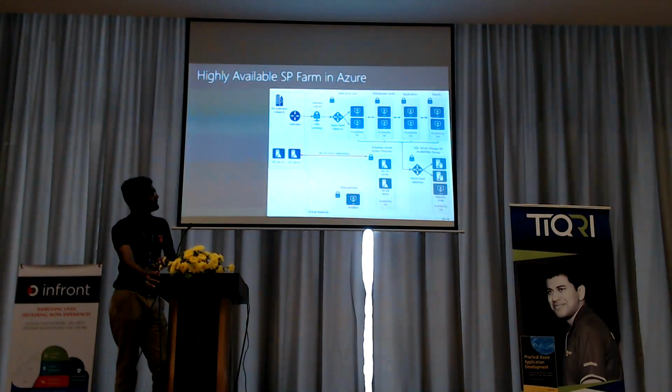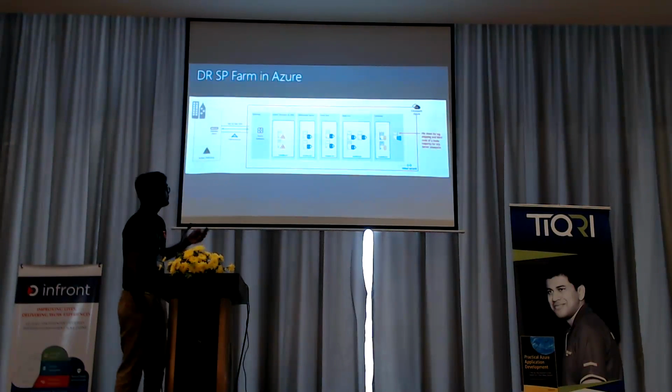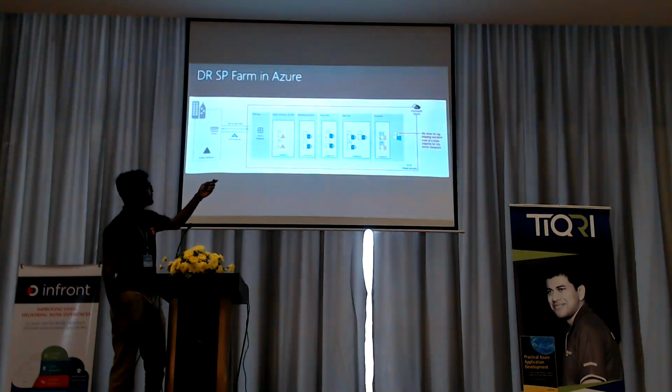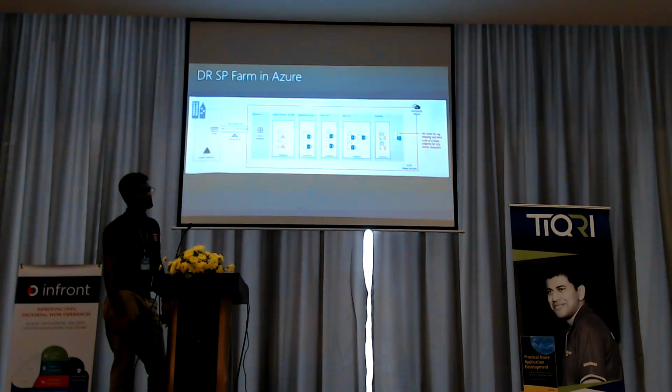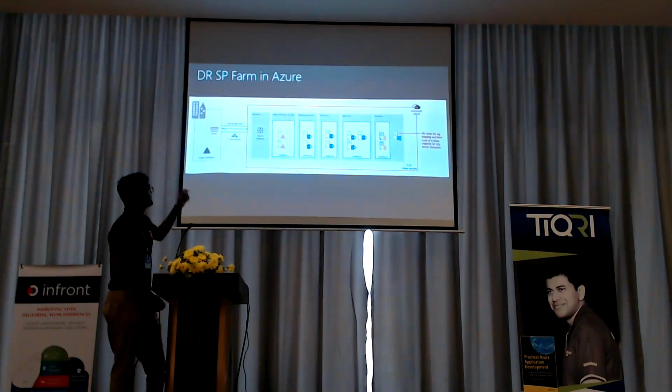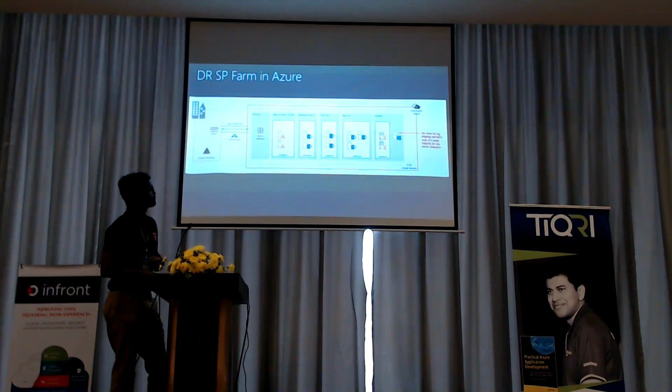This is one example. In this scenario, we are having our own AD in on-premise and also in Azure. You have to have a VPN connectivity to connect these two environments, right? And then configure the rest of things like I explained earlier.